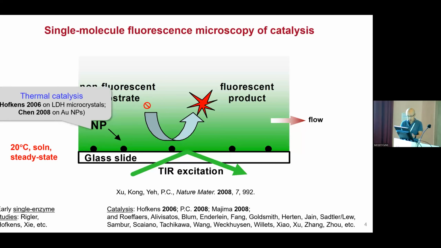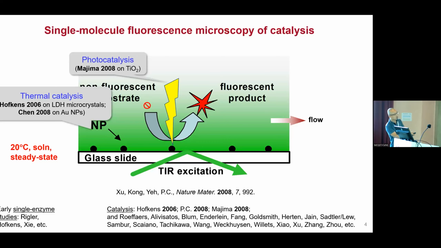Now, when we started, the catalysis happening on the nanoparticle was thermally driven, and this was the case for the Hopkins study, and it's also the case in our study of catalysis on individual gold nanoparticles. But of course, if the particle is a semiconductor, you can couple in additional light to excite the charge carriers to drive photocatalysis. That's what Majima did in 2008.